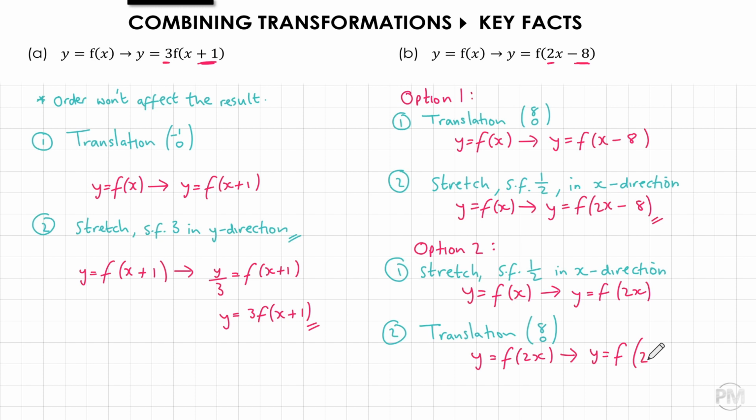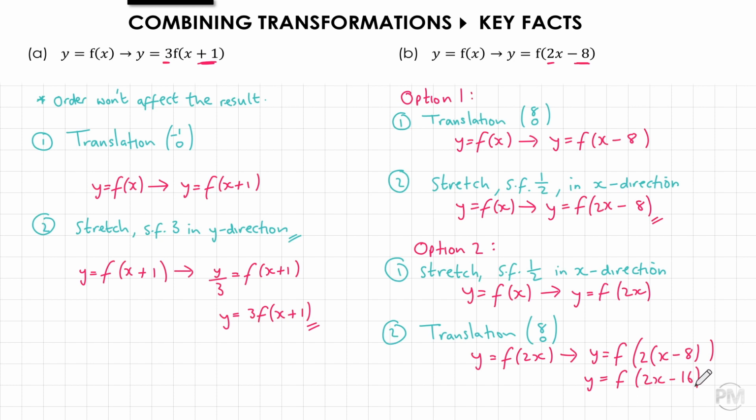However, the key thing is, if you have got something attached to the x term, in this case a 2, when you replace x, the 2 is attached to whatever you replace it with. So here the 2 would be attached to the x minus 8. And as we can see, if we expand out these brackets, we're going to get f of 2x minus 16, which is not what we want.